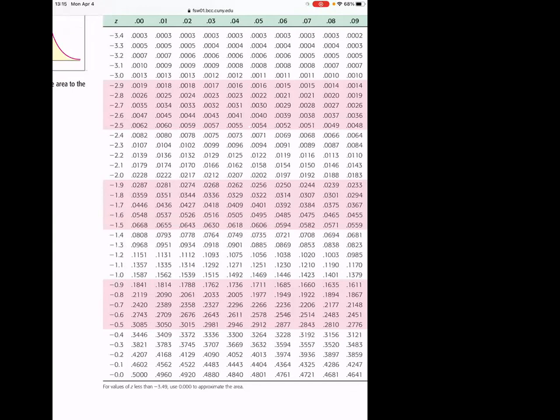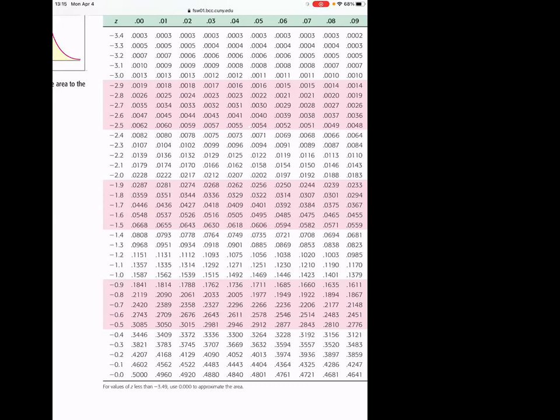So we have 0.1587, 0.1562, 0.1539, etc. If you check the first row at the top, you have 0.00, 0.01, 0.02, etc. Our nearest hundredth is 0.08, right?